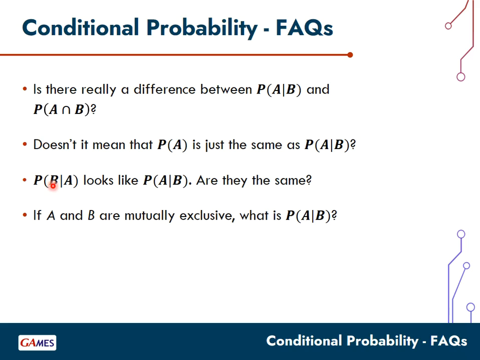All right. So some of these questions arise when we're looking at conditional probabilities and all the various notations. The first question is: is there really a difference between P of A given B and P of A and B?